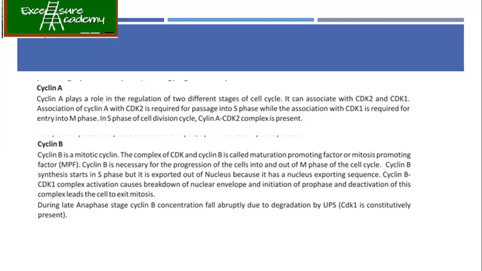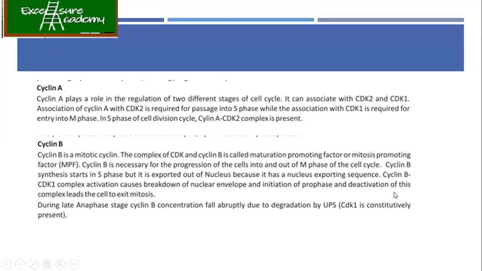Because all the proteins required for the cell cycle get accumulated beforehand. And then it is exported out of the nucleus because it has a nuclear export sequence, NES. Cyclin B and CDK1 complex activation causes breakdown of the nuclear envelope. And finally, it enters the prophase of the mitosis.